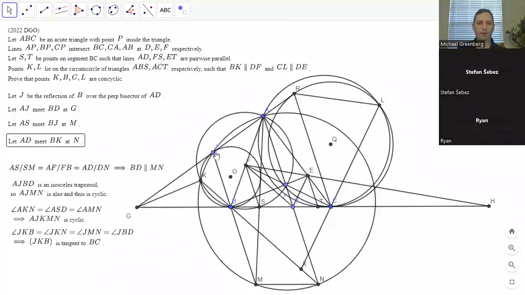So like the sine of this over the sine of this, since this is tangent, angle GJK is angle KBJ.